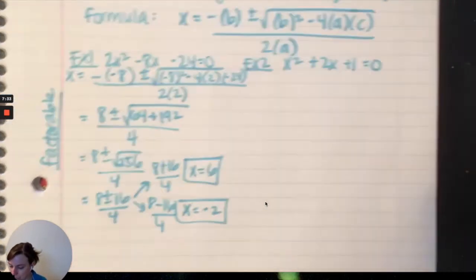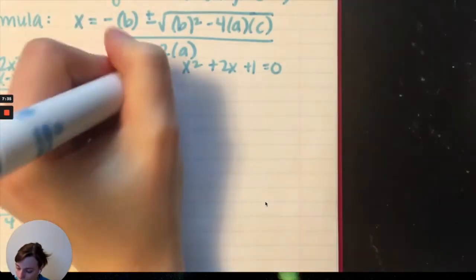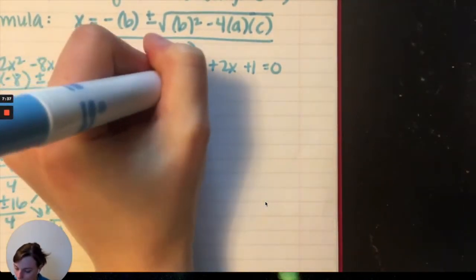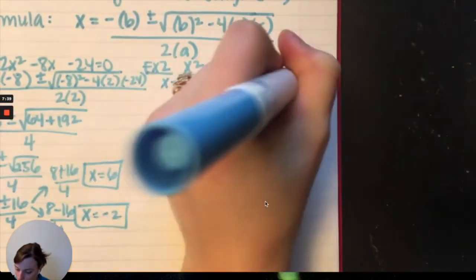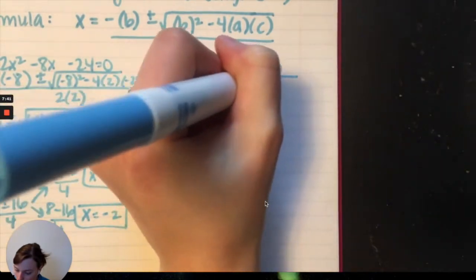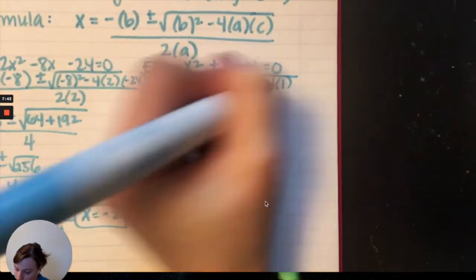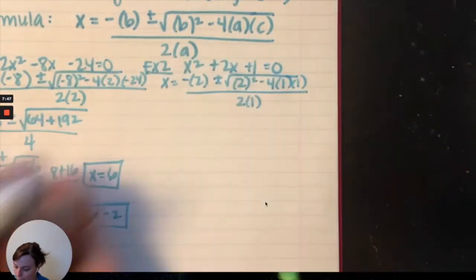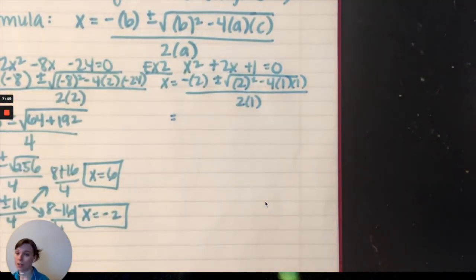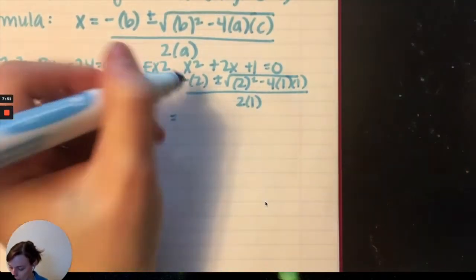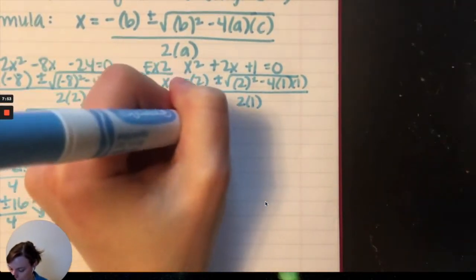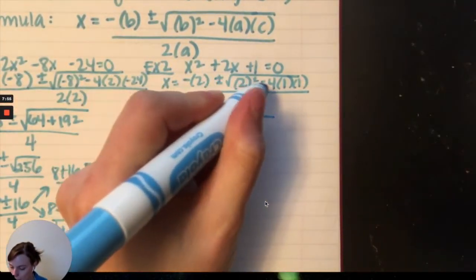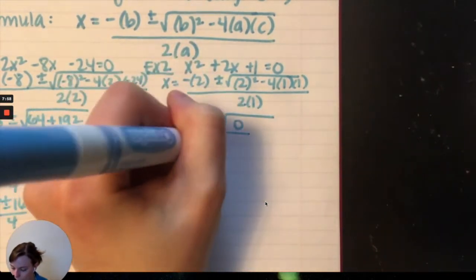Okay, example 2, so x equals negative b plus or minus the square root of b squared minus 4 times a times c, all divided by 2a. Try it on your own, all right? So I'm going to have the opposite of 2 plus or minus the square root of 4 minus 4, which is 0, all over 2.